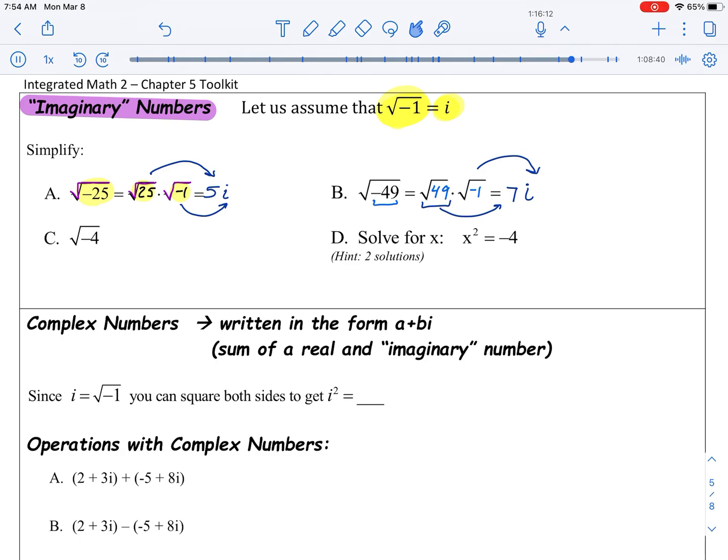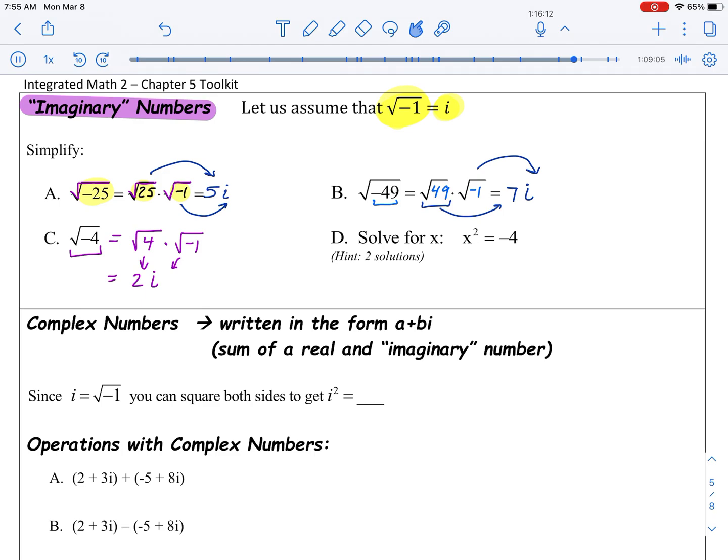Part C, the square root of -4, I'm going to keep that same pattern going. The square root of -4 equals the square root of 4 times the square root of -1. Well, the square root of 4 equals 2, and the square root of -1 equals i.